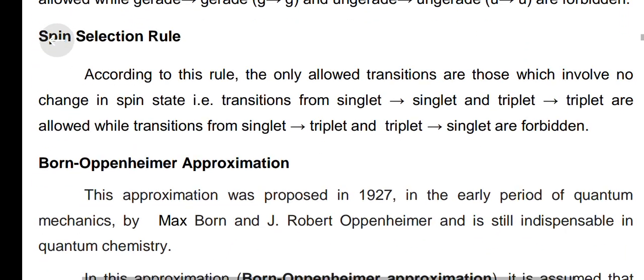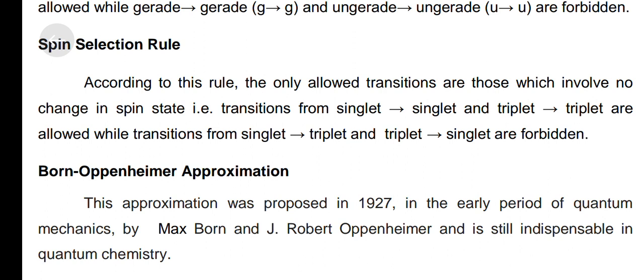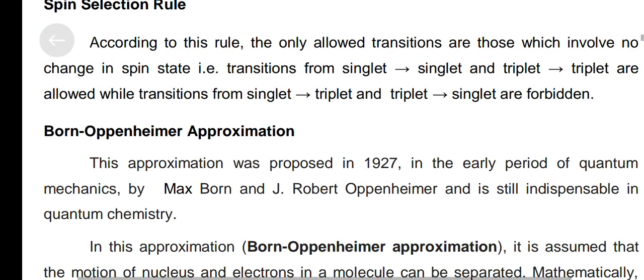Born-Oppenheimer approximation. This approximation was proposed in 1927, in the early period of quantum mechanics, by Max Born and J. Robert Oppenheimer, and is still indispensable in quantum chemistry.